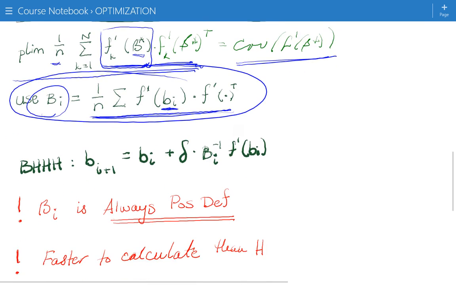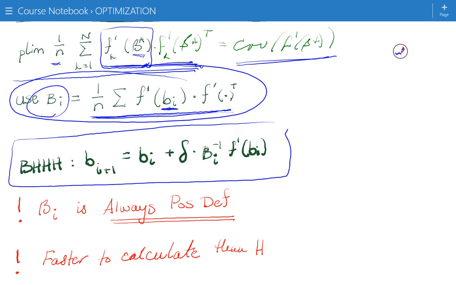And they set up an algorithm that's very similar to our Newton-Raphson algorithm, in which we are currently at beta i. We have a certain step length, just like we do with the Newton-Raphson. But now instead of the inverse of the negative Hessian, we take the inverse of this B matrix, and we multiply by the gradient. The advantage to this is that B itself is always positive definite.